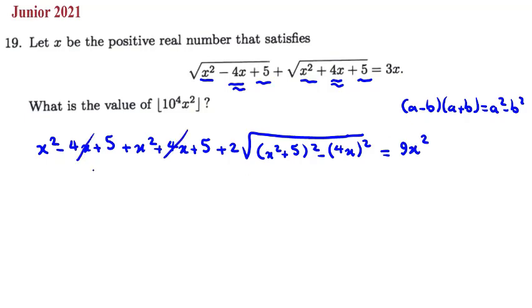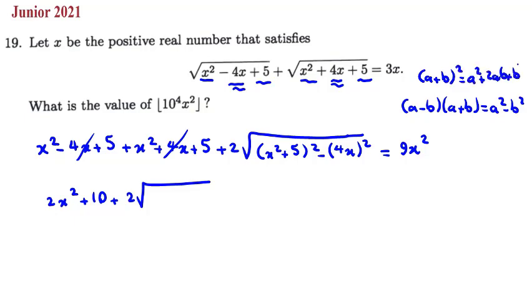We can cancel these 4x terms. It will be 2x squared plus 10 plus 2 times the root of (x squared plus 5) squared. We use (a plus b) squared equals a squared plus 2ab plus b squared. So it will be x to the power of 4 plus 2 times 5, 10x squared, plus 25 minus 16x squared, equal to 9x squared.